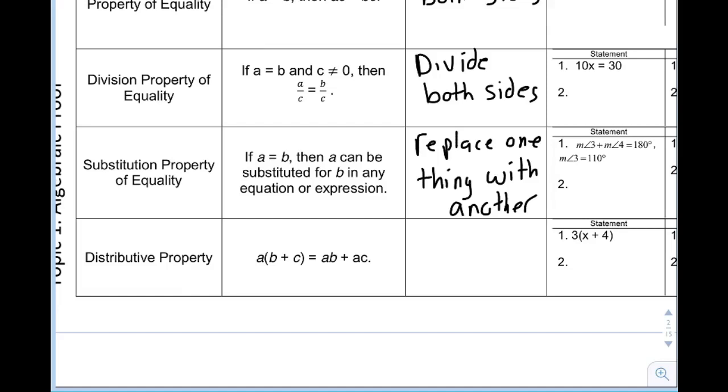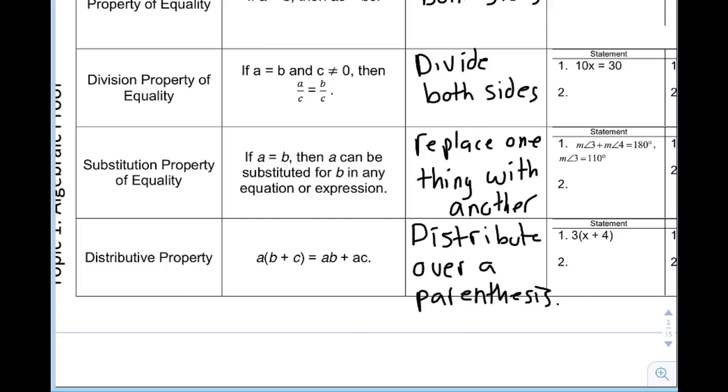And then finally, the distributive property is just distributing over a parentheses. So what do those things look like?